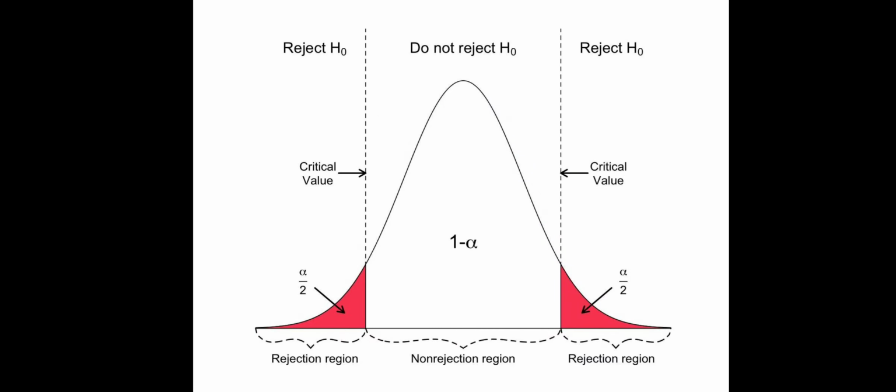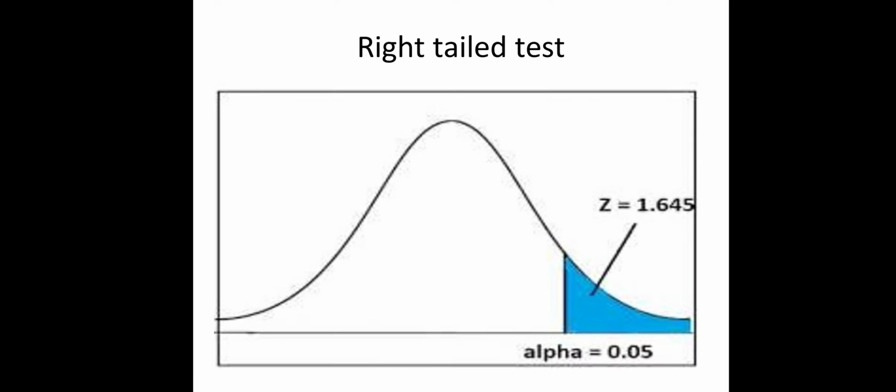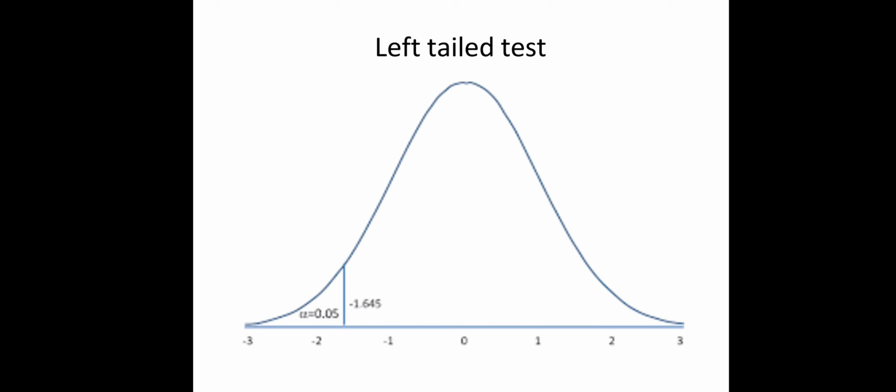So this is also one of the pictorial representations of when to reject and when to accept the null hypothesis. So the total probability distribution curve is 1, and 1 minus alpha is the acceptance region and alpha is the rejection region. And this goes for the right-tail test. You can see the critical value for the right-tail test is 1.64, and for the left-tail test is minus 1.64.